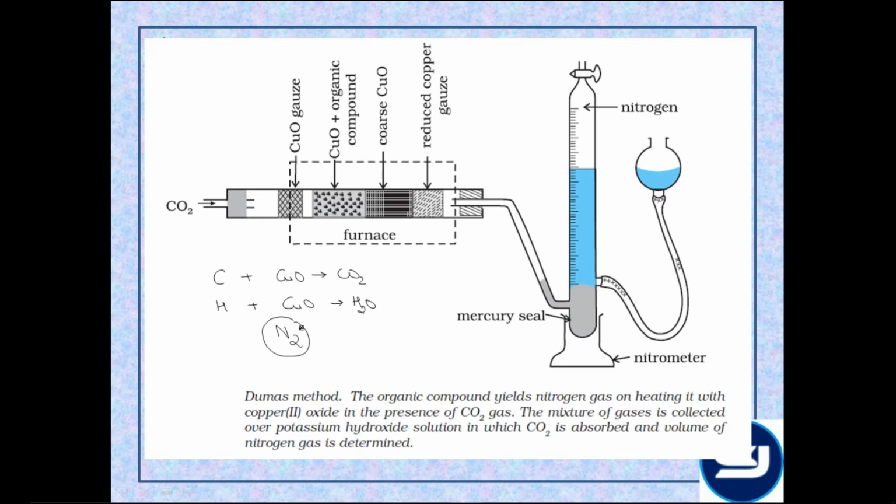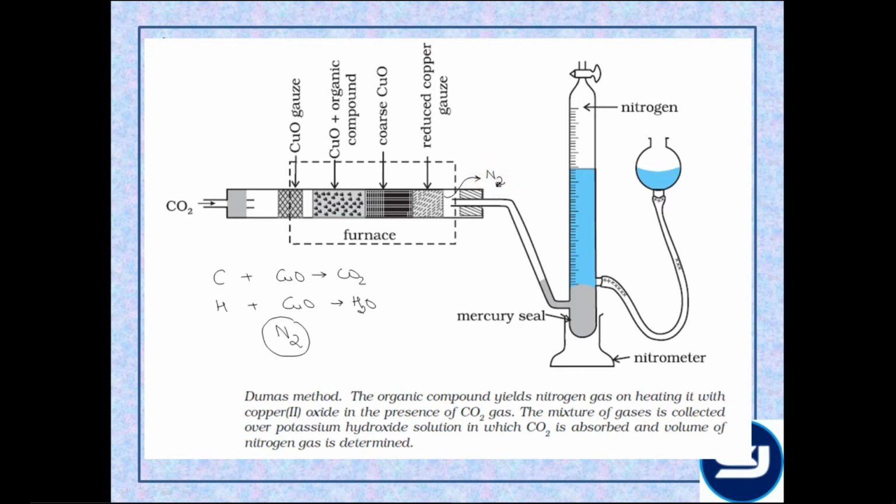So here the nitrogen is converted into N2 gas, and in case the nitrogen is converted to its oxide in small proportion, then at the end we have a reduced copper gauze which would convert any of the nitrogen oxide into nitrogen gas. So finally the product from this copper gauze series is nitrogen gas.